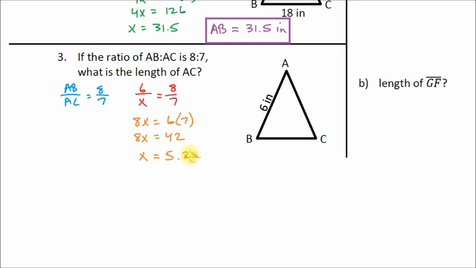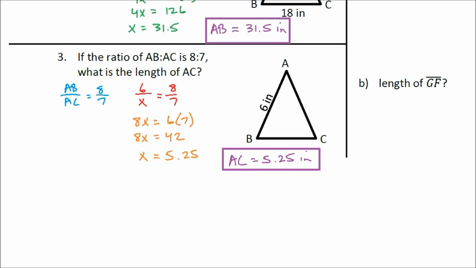Now, you can round this to 1 decimal, but since it only has 2 decimals, I would just leave it exactly at 2 decimals, unless the question says round all answers to 1 decimal. So our final answer is going to be AC is equal to 5.25, and again, our unit of measure is inches. And there we go for number 3.